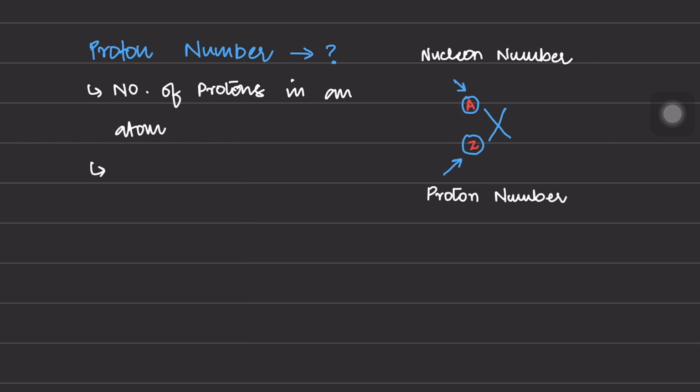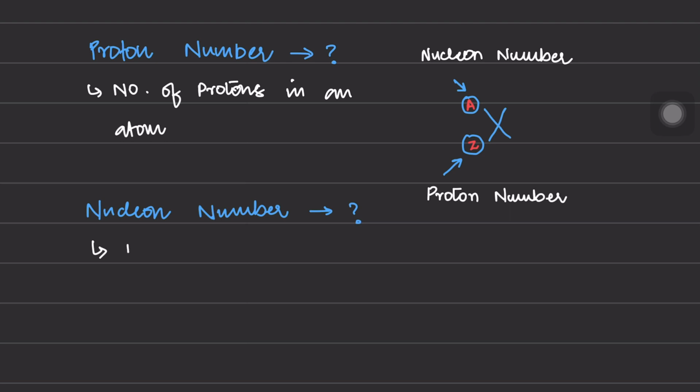Then after that we have the nucleon number. What do we mean by nucleon number? The nucleon number is the number of nucleons which we have in an atom. Like I mentioned earlier, what do we have inside the nucleus? We have protons and neutrons inside the nucleus.